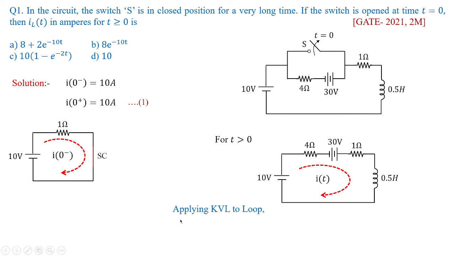I'll get minus 10 plus 4 I of t, this 30 with negative symbol, so minus 30 plus 1 I of t plus 0.5 di by dt equal to 0. So you can see all the voltages in a closed loop sum to 0, satisfying the KVL formula, that is, the sum of the voltages in a closed circuit is equal to 0. So we have framed the equation.